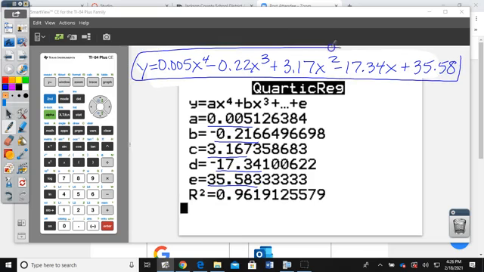That is your polynomial equation for that table. Okay?